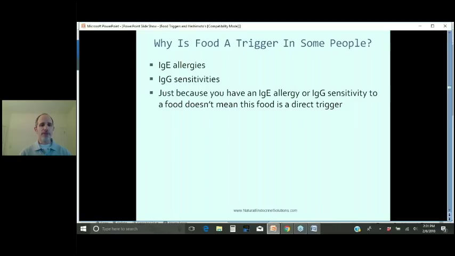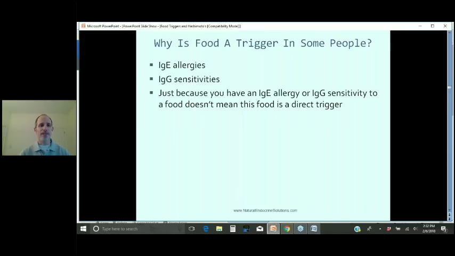This next bullet point mentions that just because you have an IgE allergy or IgG sensitivity to a food doesn't mean this food is a direct trigger. Bringing up peanuts again, chances are if you have an IgE allergy to peanuts, you probably haven't been eating peanuts, so it most likely is not the trigger behind your Hashimoto's condition. But with IgG, you could have an IgG sensitivity to gluten, which could be a trigger, but you could also have an IgG sensitivity to another food, such as broccoli.